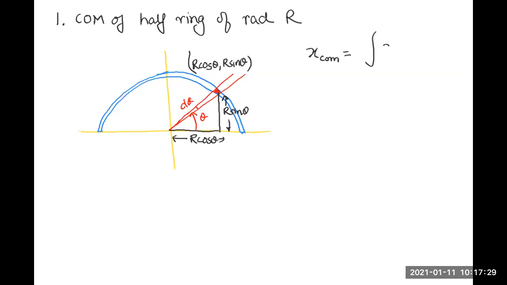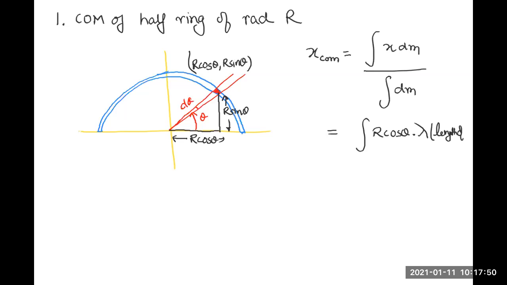So x center of mass, which is equal to integral x dm divided by integral dm, must be equal to integral of x coordinate of the element, which is r cosine theta, into dm, which is equal to lambda into the length of the element. Right? And we have done this again. So downstairs, it will simply be lambda into the length of the element.